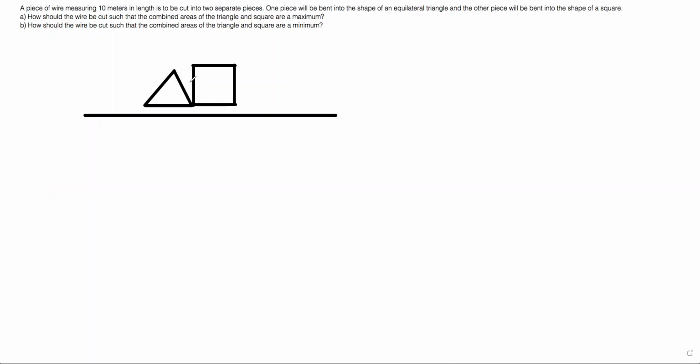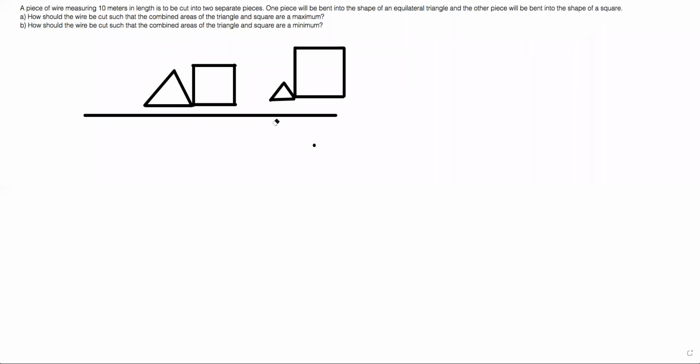The thing is, though, we can vary our parameters a little bit. What I mean by that is we could have something that looks more like this, for instance. We could have a small triangle and then a bigger square to account for less material being taken up by the triangle.